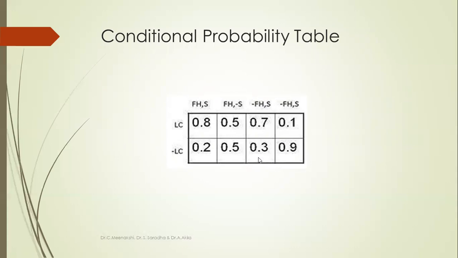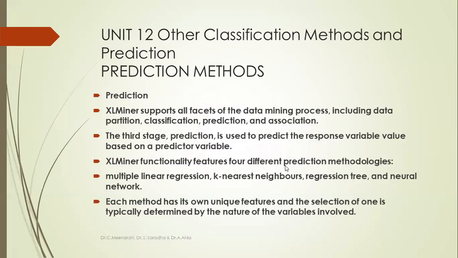So this is the probability table, which gives you probabilities based on the conditions. We have three variables: family history, smoker, and lung cancer. When you sum up the values of each column, you'll get 1. This is what we use for classification using the Bayes theorem.